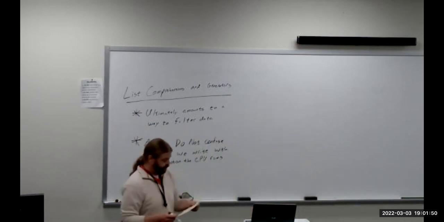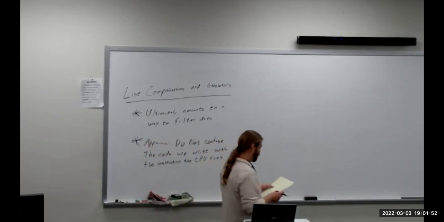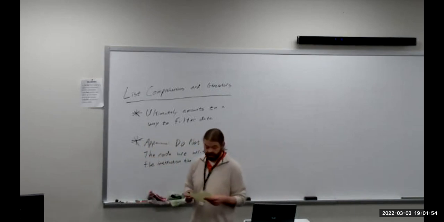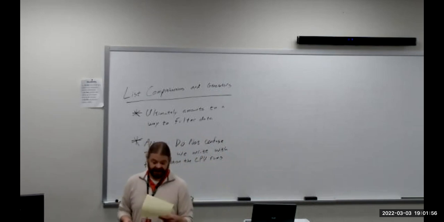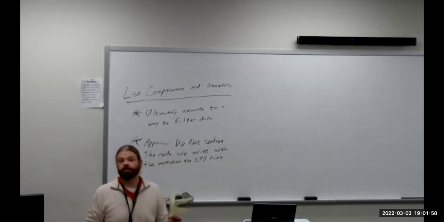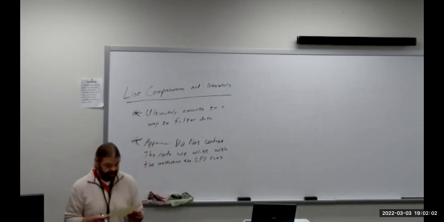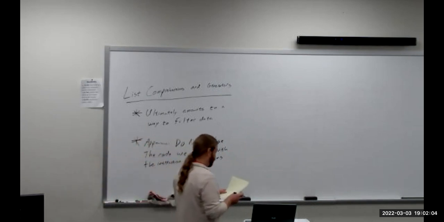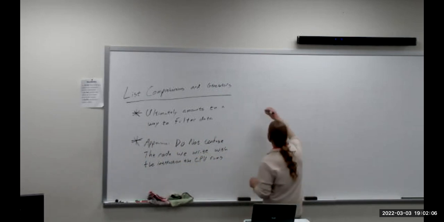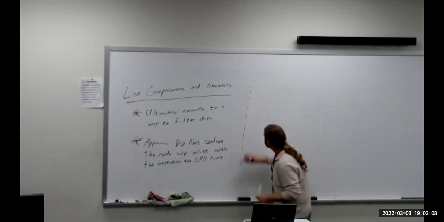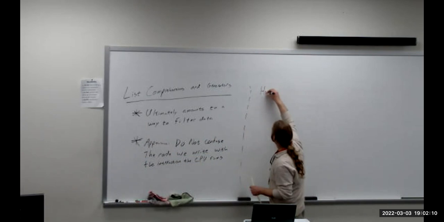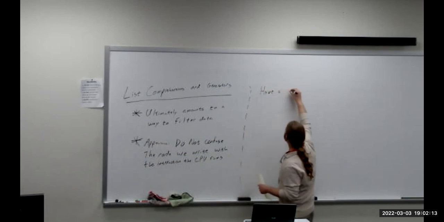So we have a collection of things that we can look through, a list, dictionary, a file, anything that we can sort through. It could be sorted. We can create a new list from it. So have a collection.